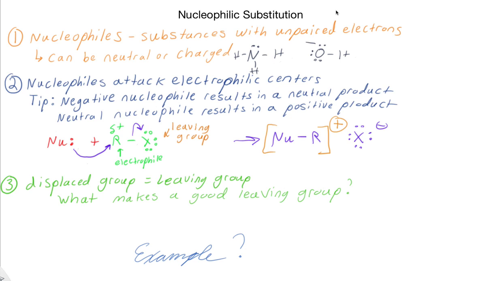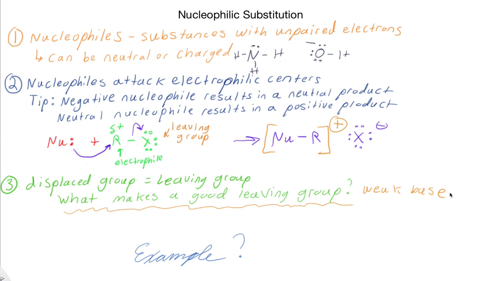So what else? Let's talk about the displaced group, the leaving group. So what makes a good leaving group? Now, this is why I said this is an introduction video. I'm going to make a video on what makes a good leaving group, because there are several factors that determine if it's a good leaving group, such as if it's a weak base.